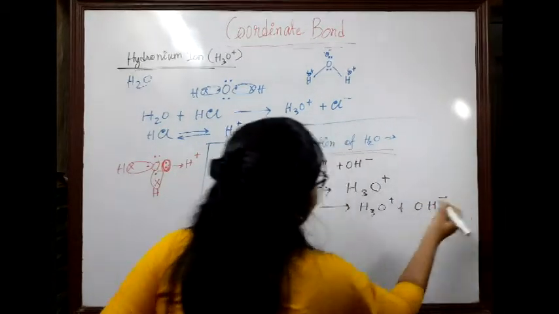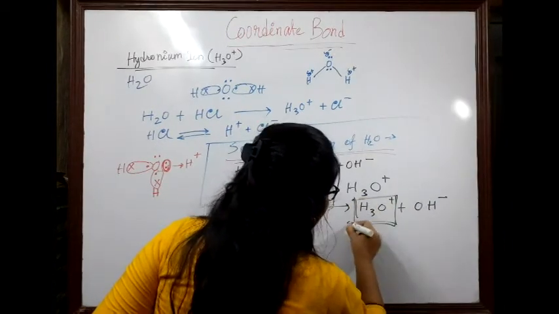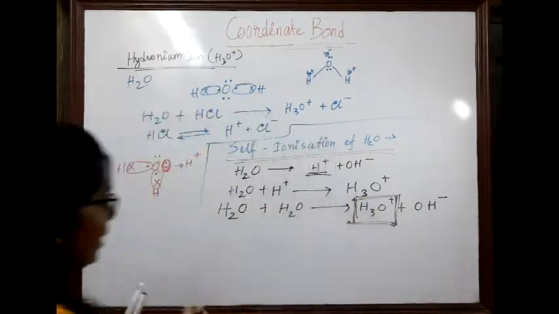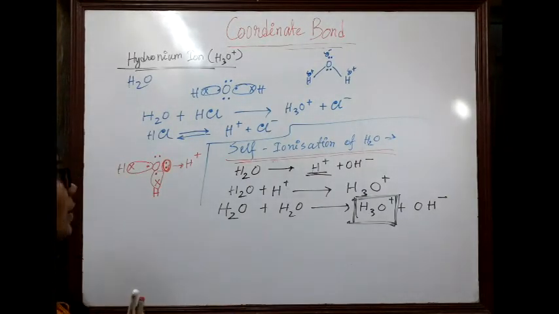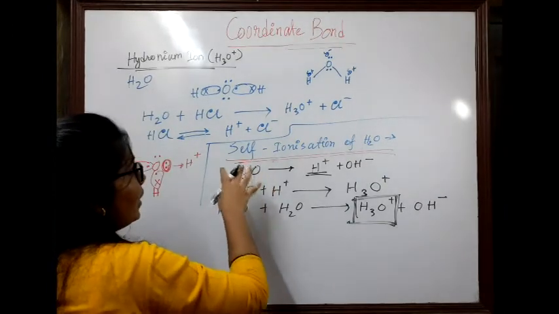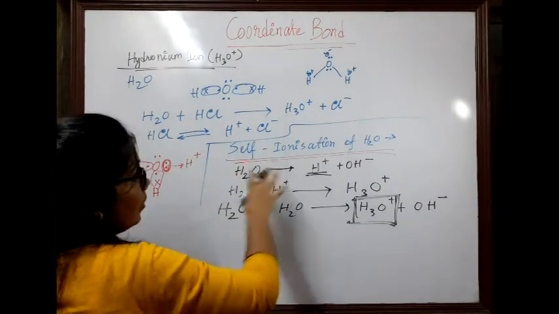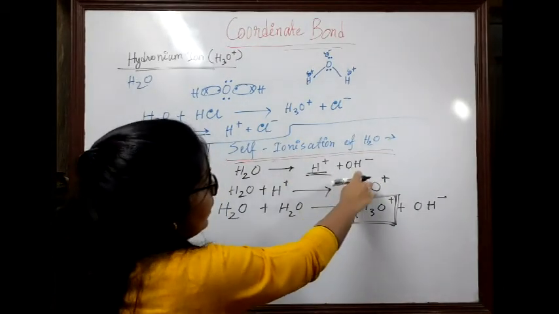So OH minus. This is how H3O plus is forming. Now we see how the OH minus ion is forming. Water is self-ionizing, self-ionization is happening, so from there OH minus is forming.